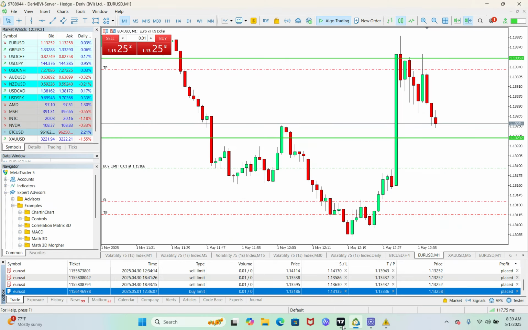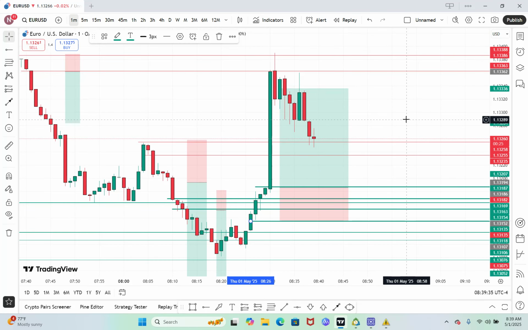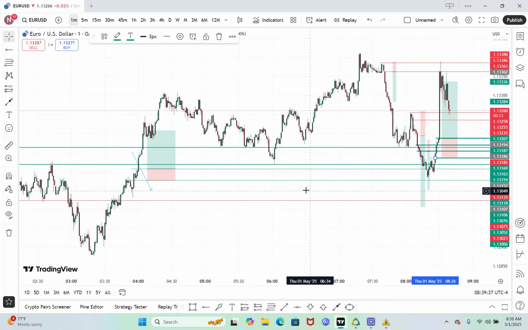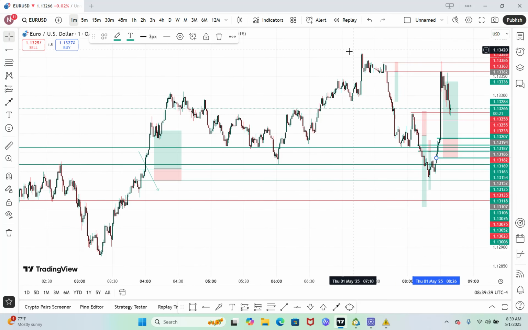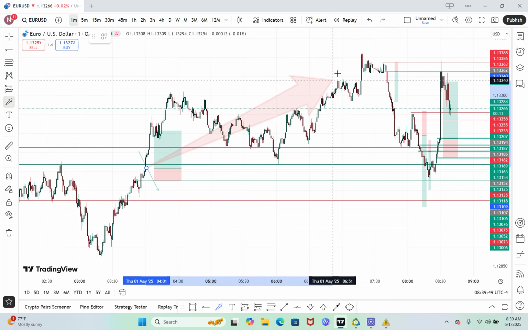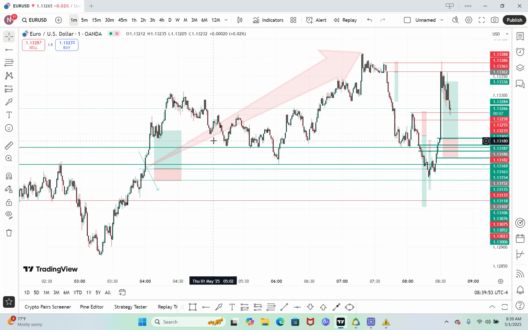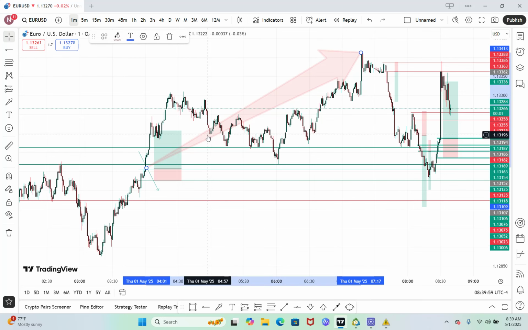Oh, we're on TradingView. So let me show you something real quick. Look, from this trade right here, the entry, to here is our entire profit margin. Let me put this in green.